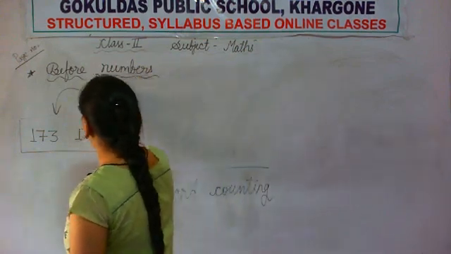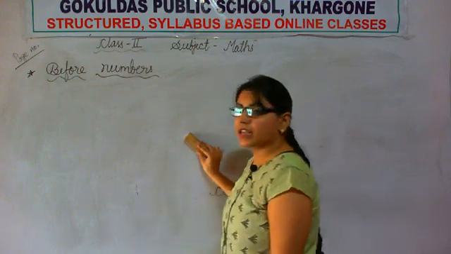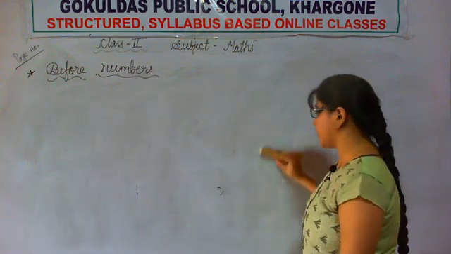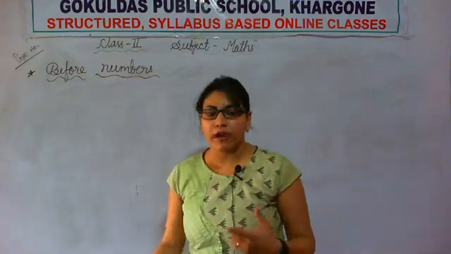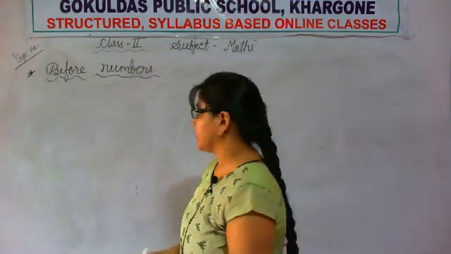Now, I hope you all have understood about before number. Before number is just backward counting, and for getting the before number we just remove 1.